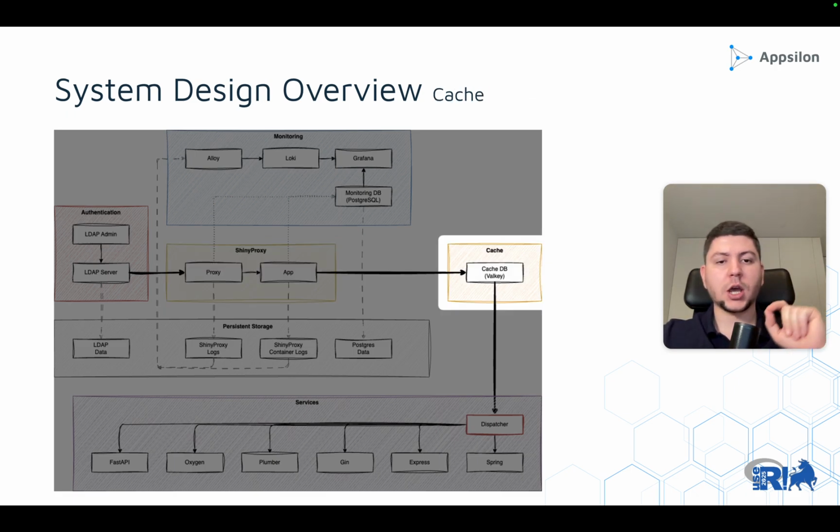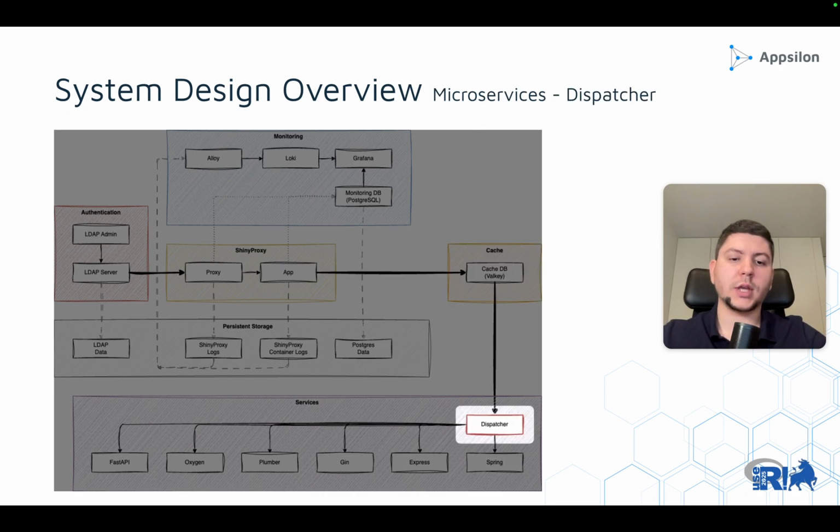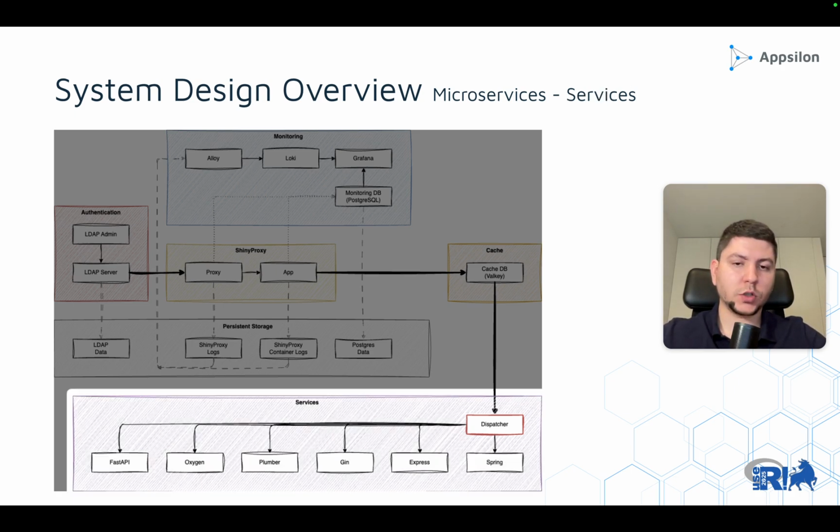Then, as a Shiny app makes a request, it first goes through cache system to check if we already have results there. You could see that on the recording as well. If not, just go back and check it again. If the value is not cached, then it goes to the API dispatcher that I mentioned before. And then the API dispatcher decides based on the request header which API service it should go to.